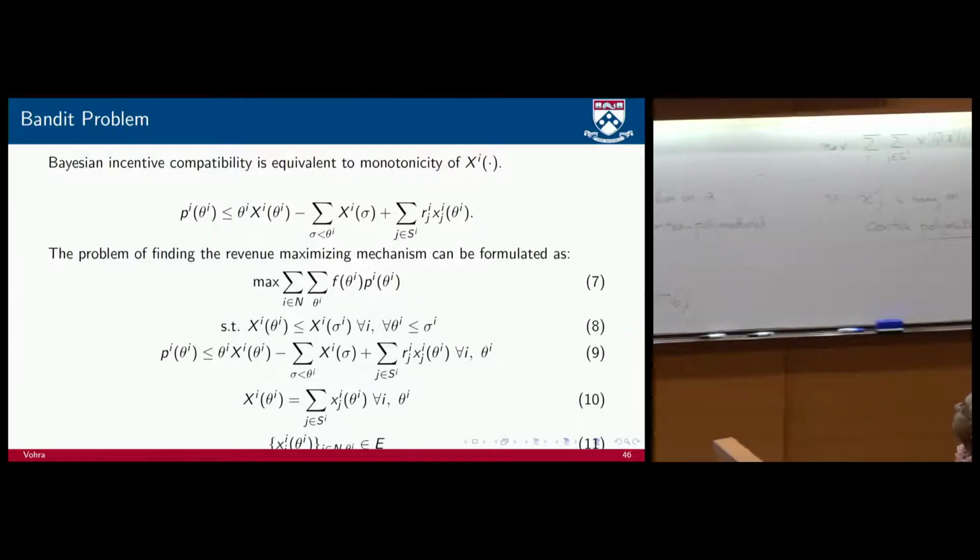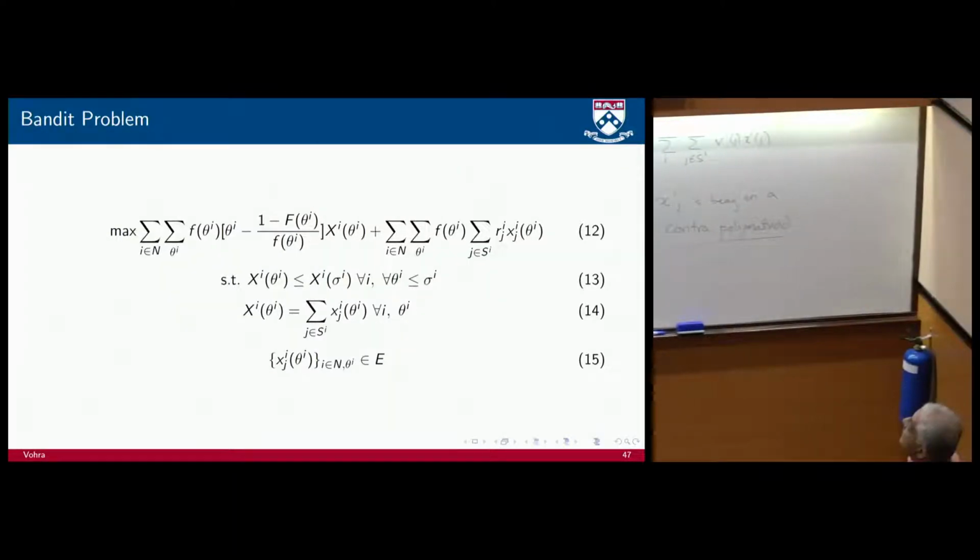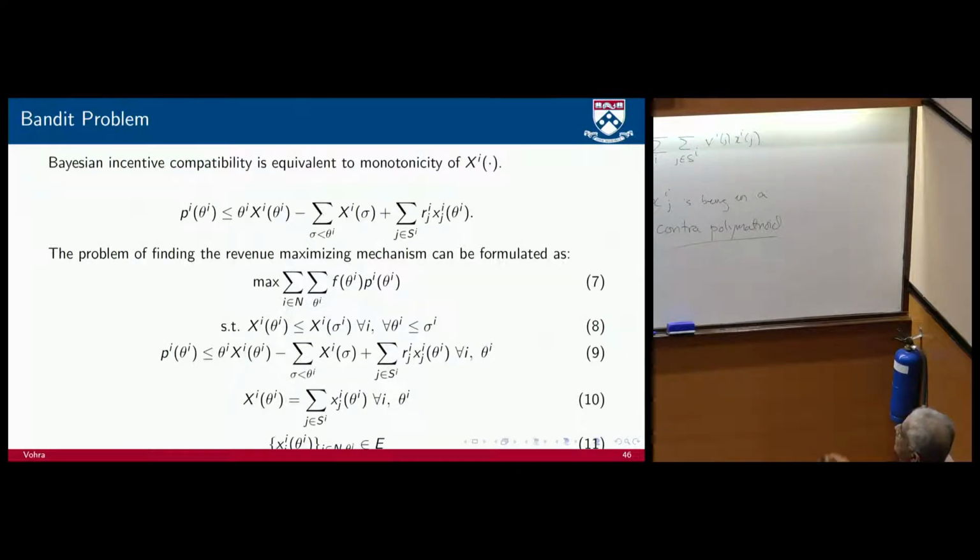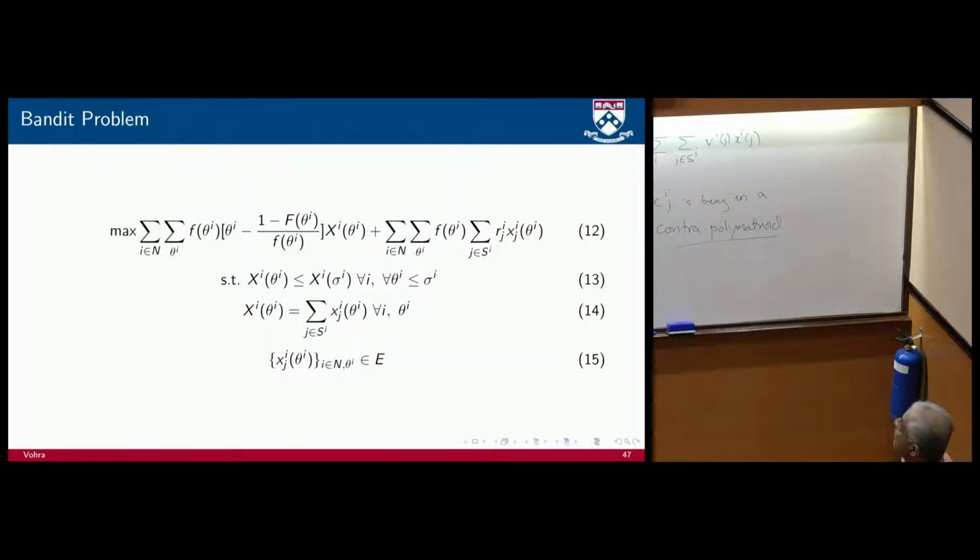Okay, so we're there. And now what do we do in Myerson? Well, we use these inequalities to eliminate the p variables, right? Okay, and so then we substitute out the p variables, and you get this object.